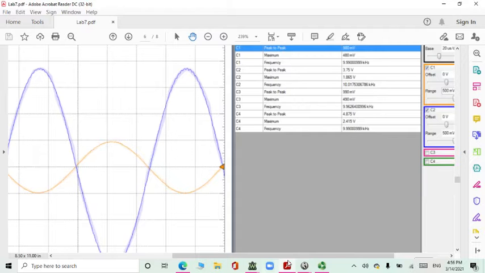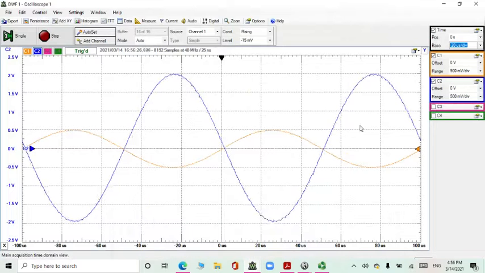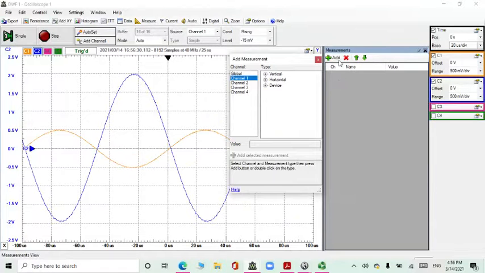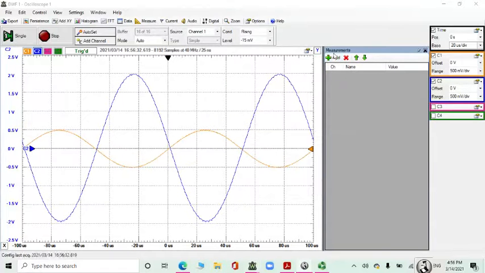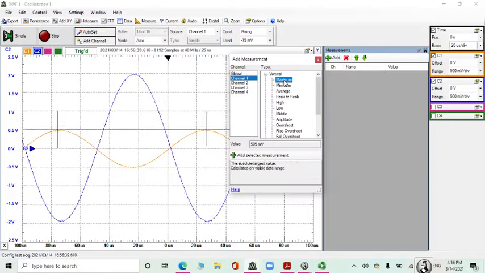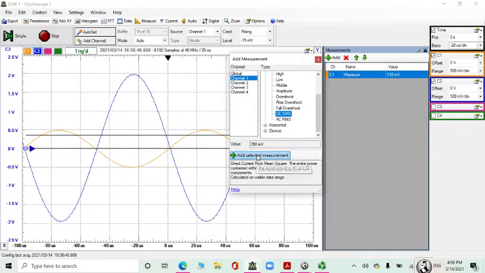You can choose any. Click on measure, and for channel 1 we need to measure the maximum, and we need AC RMS also, because of the root mean square. For a sinusoidal, it's maximum divided by root 2.